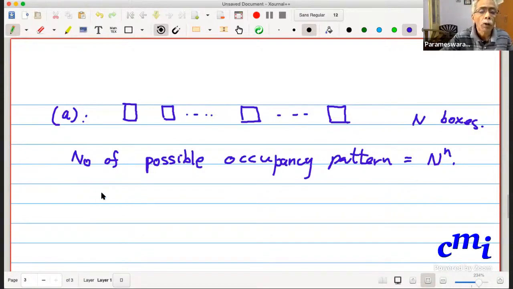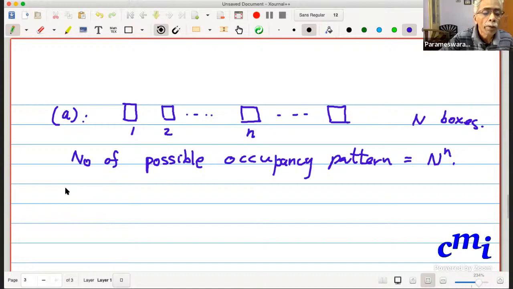Okay, out of this, you are told that, without loss of generality, the particles must occupy only these cells, one in each. So the first particle can go into any one of these n.